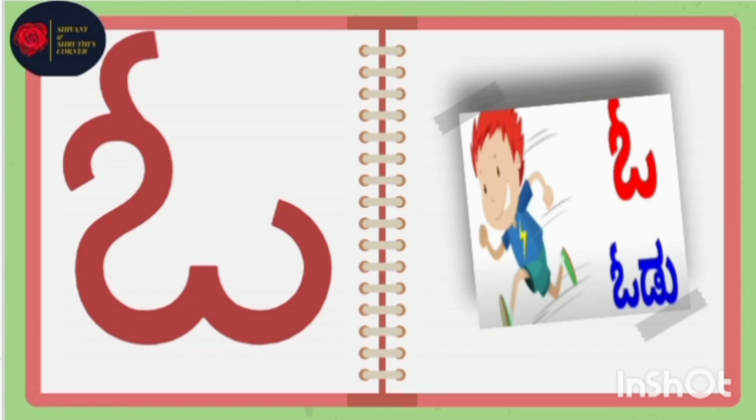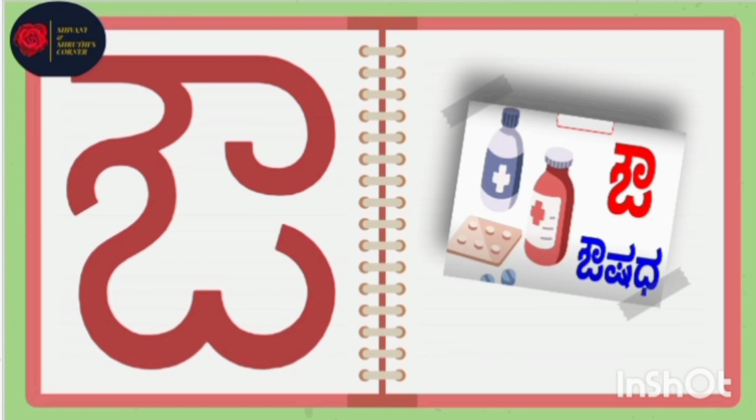Oo. Example Odu. Odu means run. Okay. So Oo takes long time to be pronounced. So it is Dirghaswara. Au. Au, we are stressing more on the pronunciation and it takes long time, so it is Dirghaswara. Example, Aushada. Aushada means medicine.